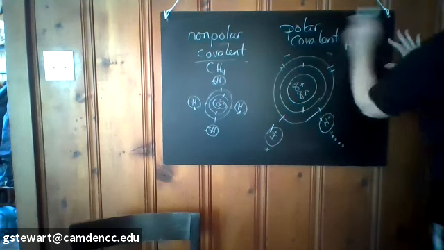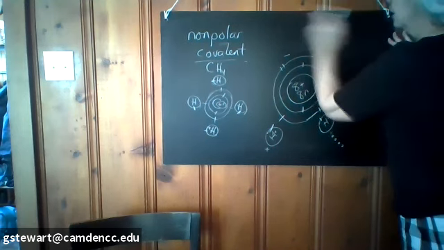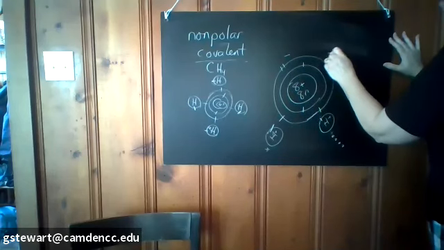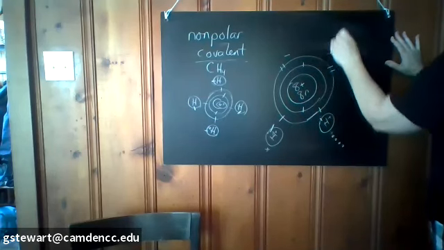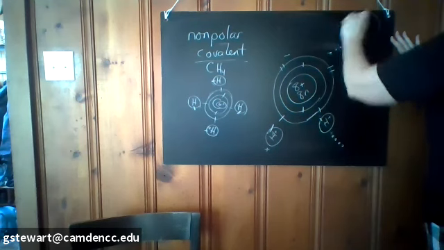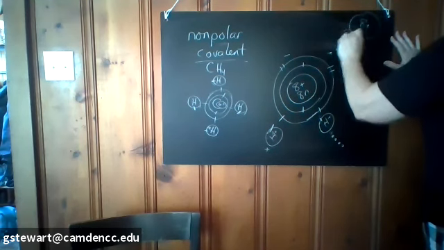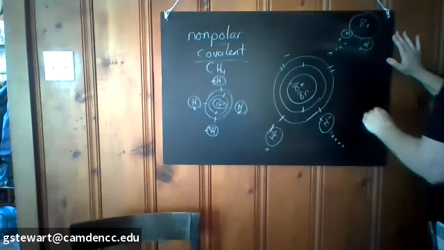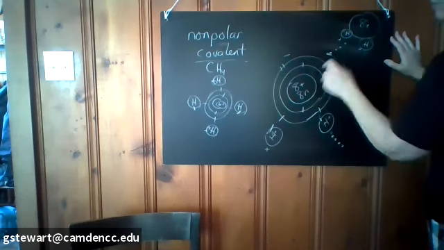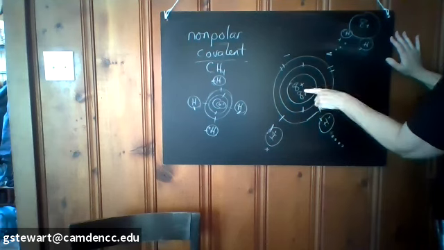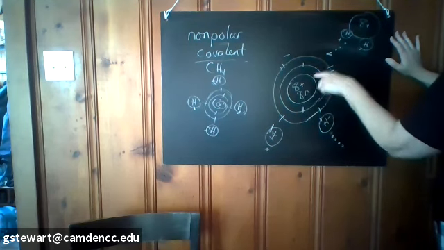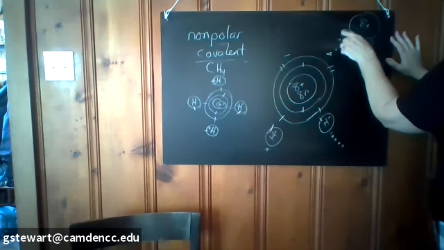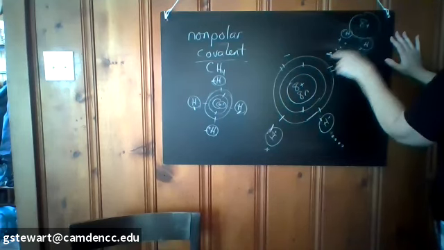And space here, each water molecule can form 4 hydrogen bonds with other water molecules. So this negative polar end of the oxygen of water molecule number 1 is attracted to this hydrogen as well, or I should say this hydrogen is attracted to this oxygen.